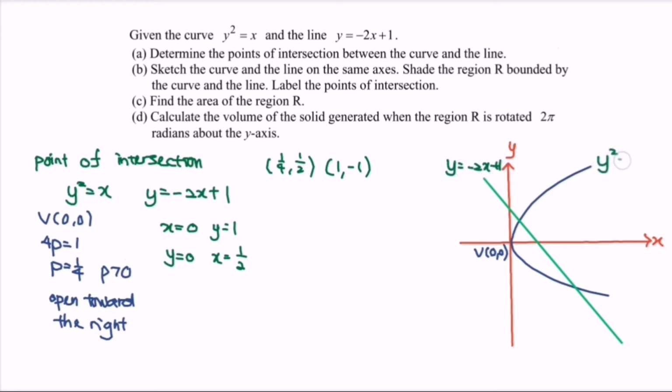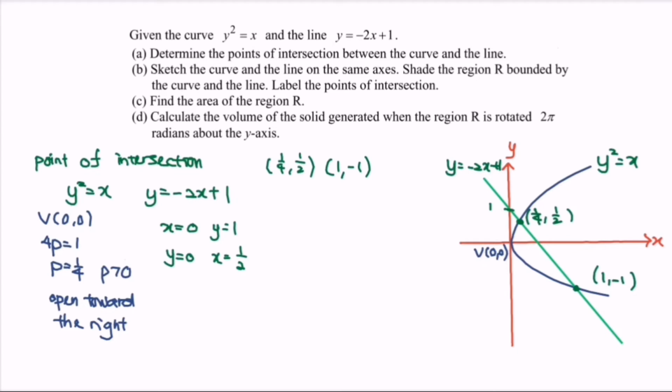Y squared equals x, where we have here 1. Then the points of intersection are (1 over 4, 1 over 2) and, for this point, (1, negative 1). Kindly refer to the question.